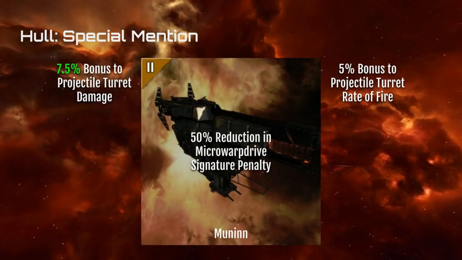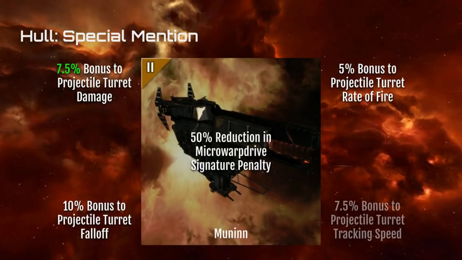Fit a micro warp drive on this guy, let him coast at distance, and it gets the fall off bonus that its brother, the heavy interdictor, gets, but it gains a tracking speed bonus, so that when you're out there coasting at distance and you're going very, very fast, you're able to land hits effectively, even though you're going very quickly.